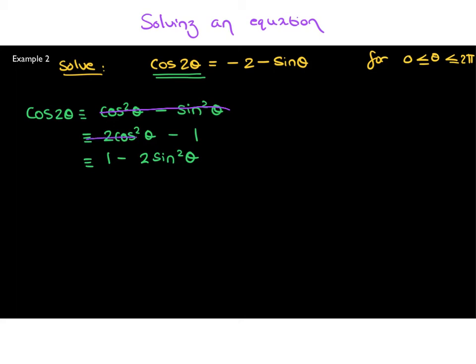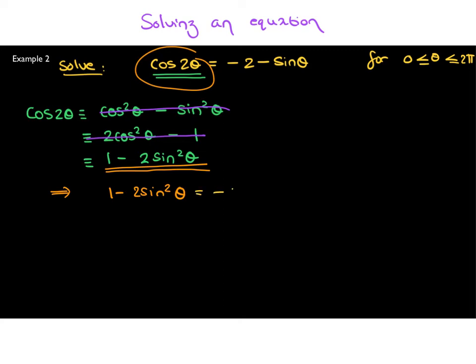I don't want to use this either because then I'll end up with an equation that features cos squared and sine. But if I use this, that's fine because if I replace cos 2 theta with this, 1 minus 2 sine squared theta is equal to -2 minus sine theta. So the equation only features sine.